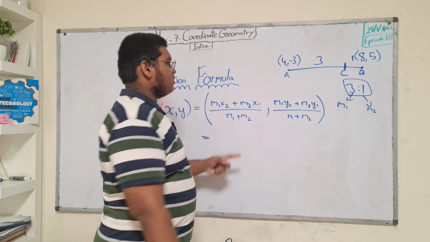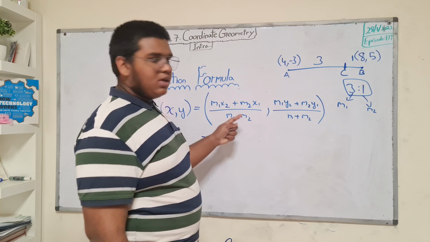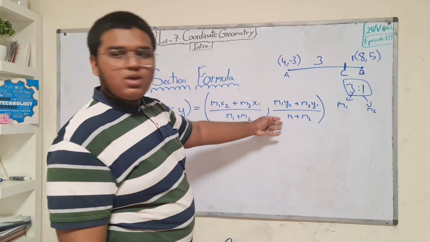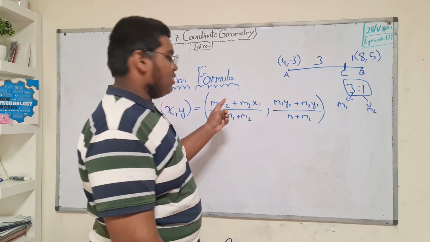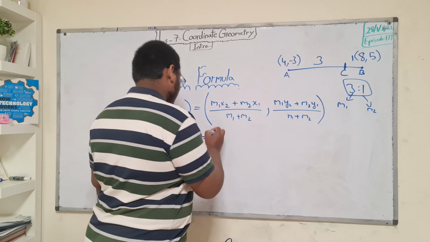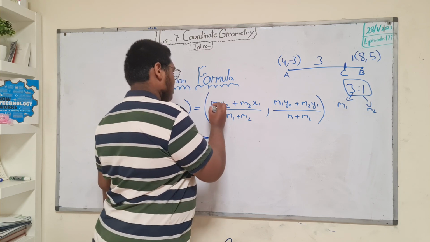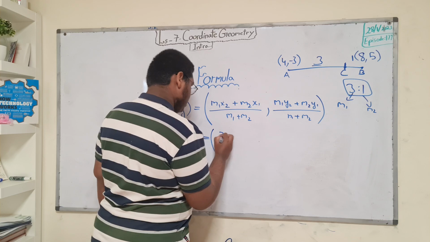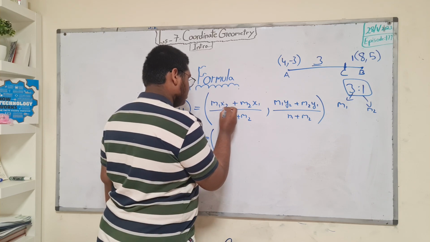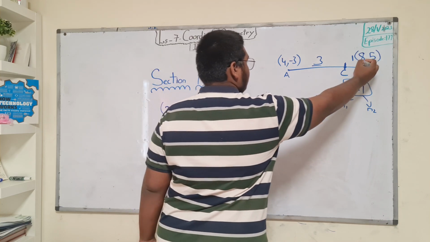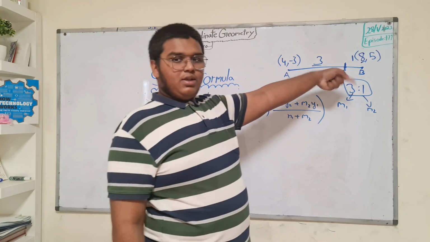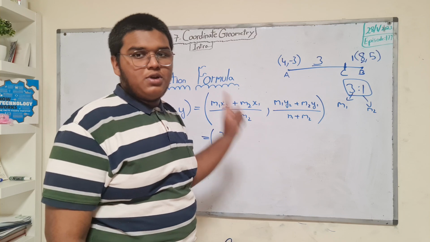Now here, first we'll take this side. This is for the x coordinates, and this is for the y coordinates. First let's do this side. So over here, m1. Now what is m1 given over here? 3, right? So we'll take 3 and x2. X2 is 8, as we have done before in our previous video, the first video of coordinate geometry.